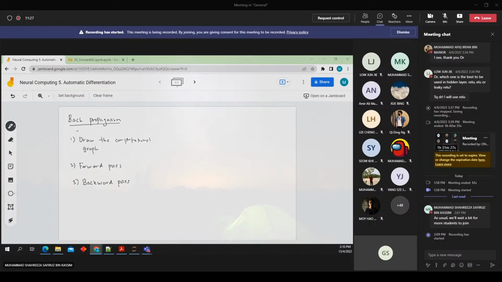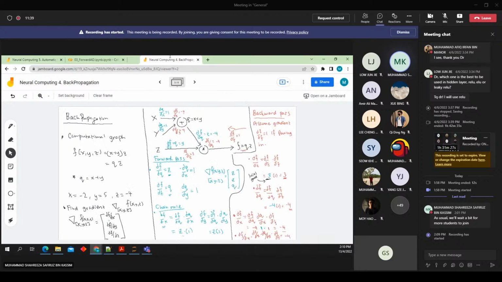So these are the notes from last week. We have a forward pass, where we compute the local gradient as we go along, right? And then we did the backward pass.